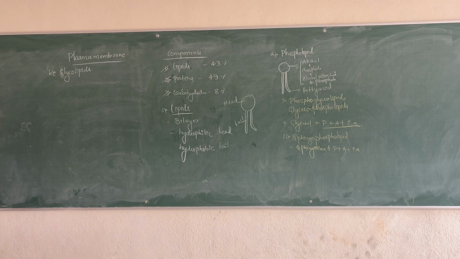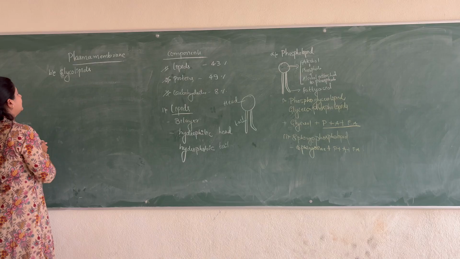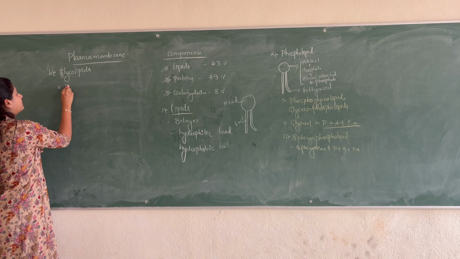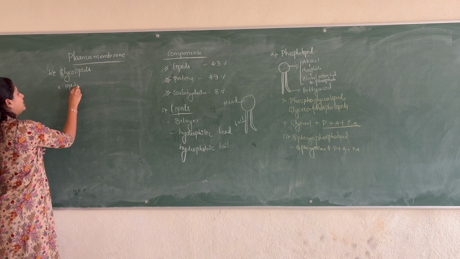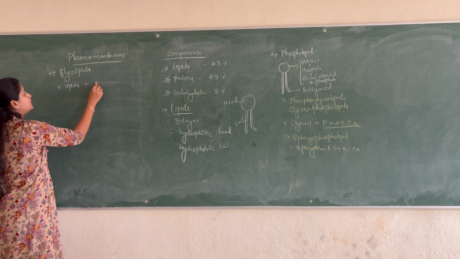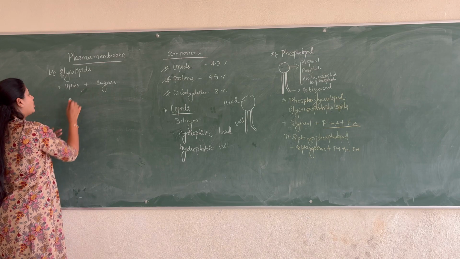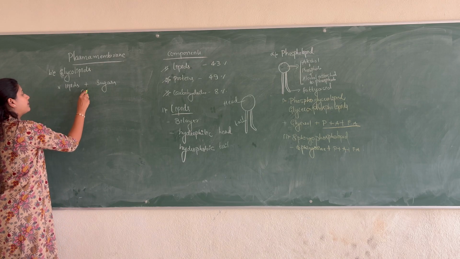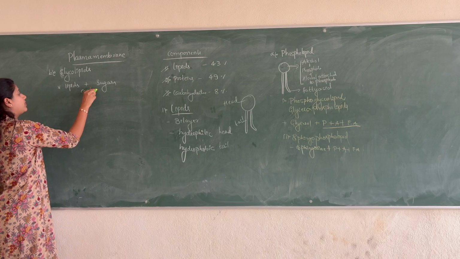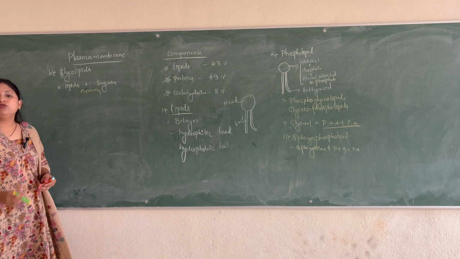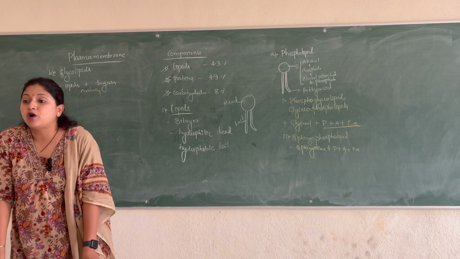So in glycolipids, the lipids are bound to the sugars covalently. The lipids are bound to the sugars by covalent bonds.